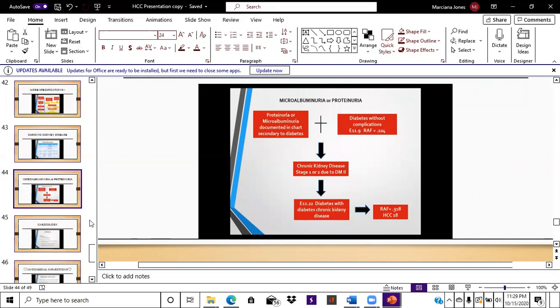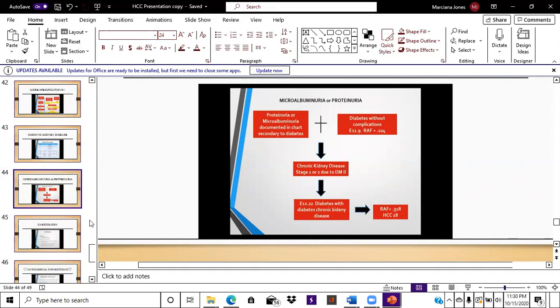Okay. So this is secondary to diabetes. If you see it coded in a chart, this presents complications. If proteinuria is documented in a chart, it's secondary to diabetes. Make sure you still code that. It also has a lot to do with CKD.